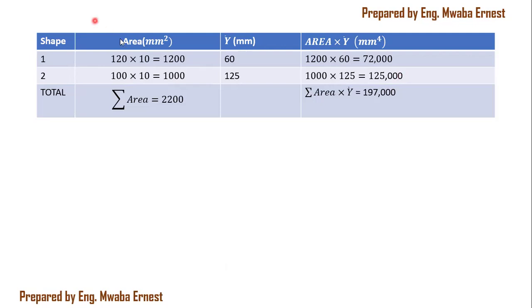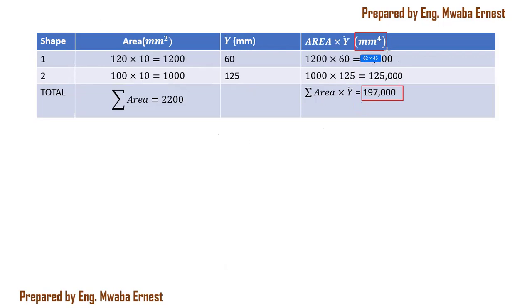Now, we don't end there. We have to add them up. So in adding them up, you now have 72,000 plus 125,000. Your value is this 197,000. And remember, our unit is that.